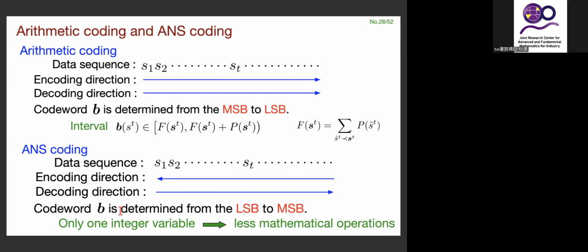Hence, the code word is determined from the least significant bit to the most significant bit in encoding. And this means that the ANS coding can be realized by using only one integer variable. Therefore, the encoding of ANS requires fewer mathematical operations than arithmetic coding.